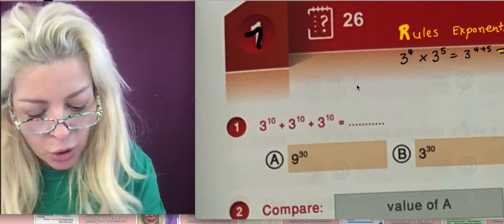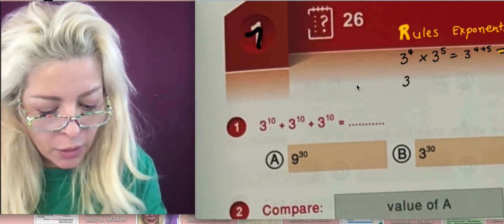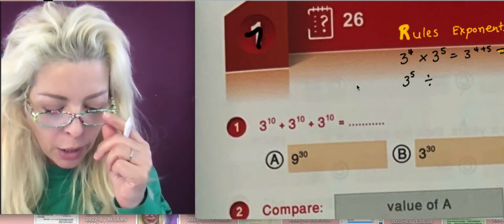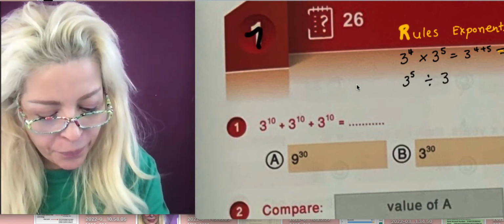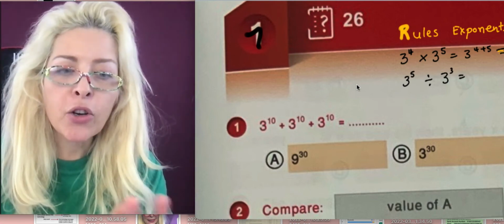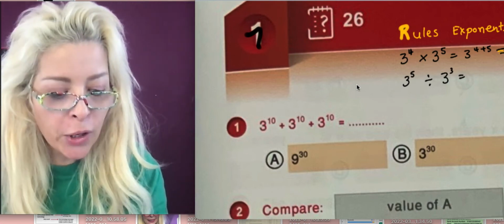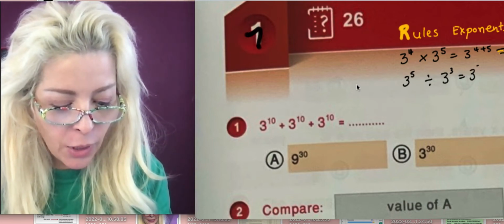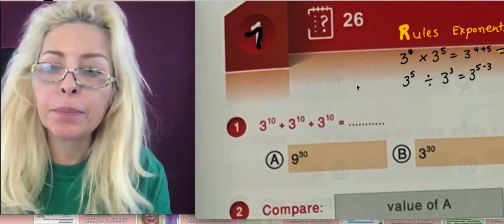The next rule is, if we divide an exponent with the same base, the powers could be different, no problem. Okay, when you're dividing, what do you do to the exponents? Anybody remember? That's right, we subtract them.